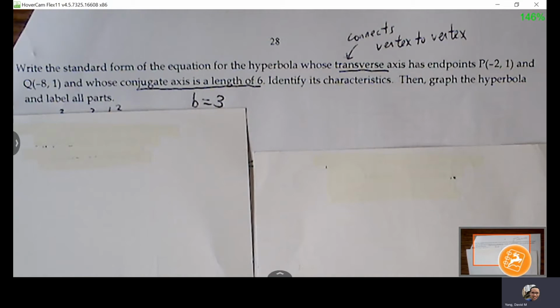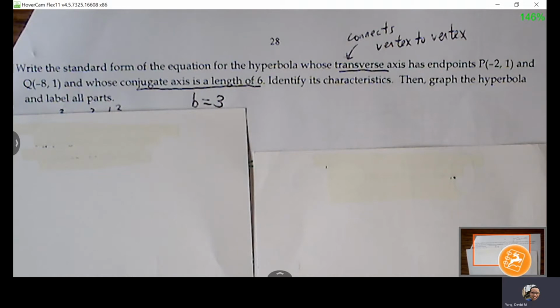They're also telling you that the conjugate axis is a length of 6. So conjugate axis is going to connect from covertex to covertex. So if I have the full distance from covertex to covertex, then you know that the center is somewhere in between, and that your B value is going to be half that. So if your full axis is given, you know half of it will be your A or your B value.